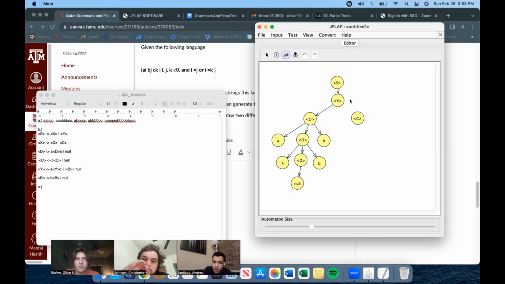And then C just points to lowercase c, big C. And then the C points to null, on the right. That's it. Oh wait, no it doesn't, because we need 2 C's. My bad. Yeah. Okay. Then this one's so close together.